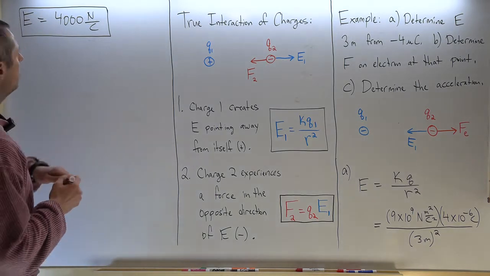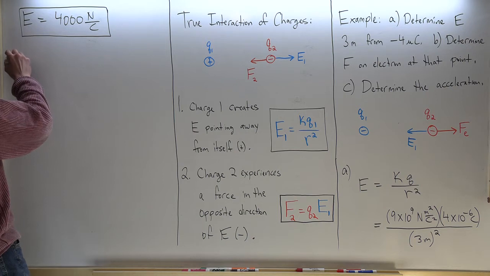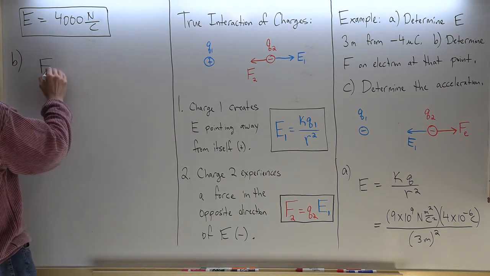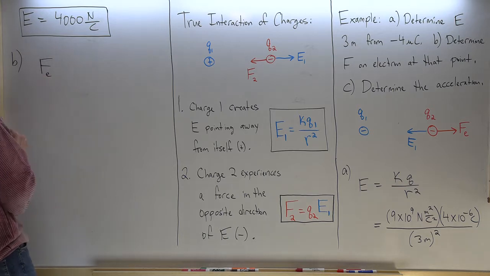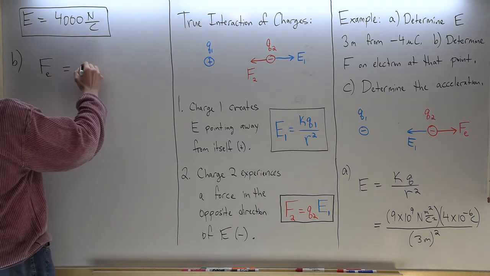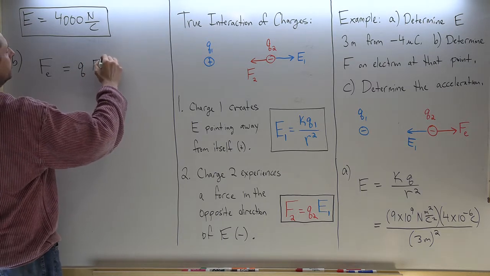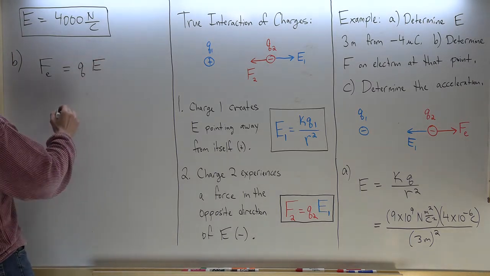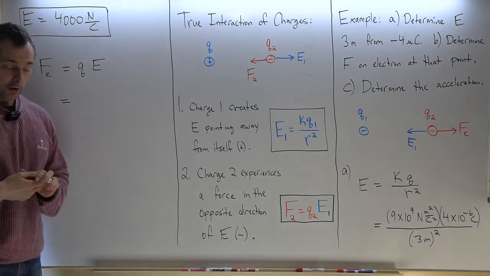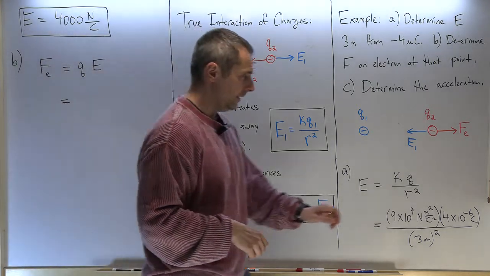B, determine the force on the electron at that point. So the force caused by an electric field, and I'll put a subscript e, which is what's on the reference table for the electrostatic force, and I'll drop the number subscripts, but basically it's qE. Now, the q on an electron. I mentioned this in the charging video.